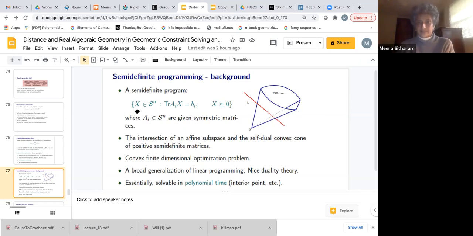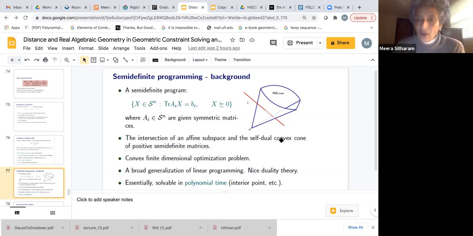Given some symmetric matrices A_i, you want the trace of A_i X to equal b_i, given that X has to be positive semi-definite. The question is whether it's feasible, meaning whether this set is non-empty. So this is basically the intersection of an affine space and the self-dual convex cone of positive semi-definite matrices.